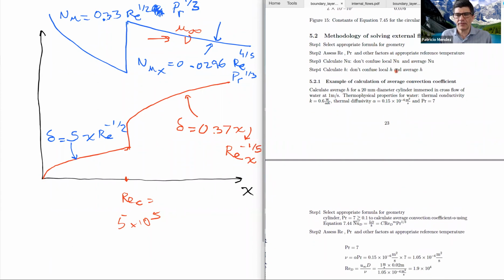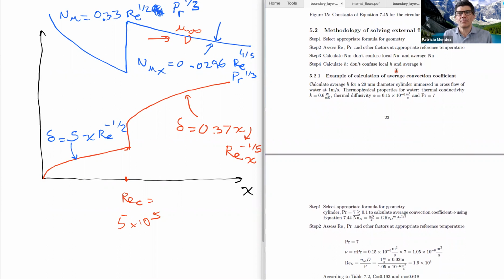We did discuss a methodology for solving problems of external flow, and we're going to see that internal flow and natural convection are very similar. So we have 4 steps that I'm going to show with an example, but I'll mention the 4 steps first. Step number 1 is to get the right formula for the geometry we're talking about.